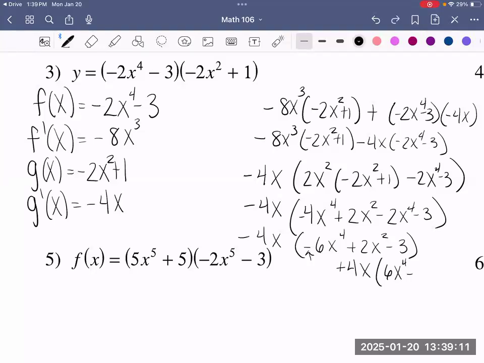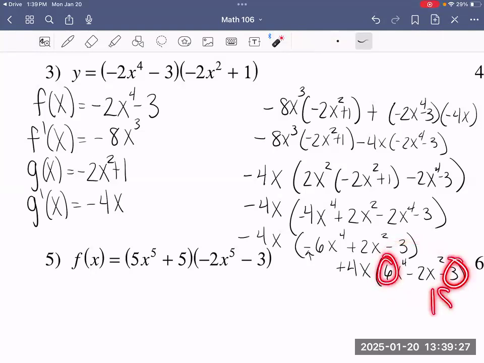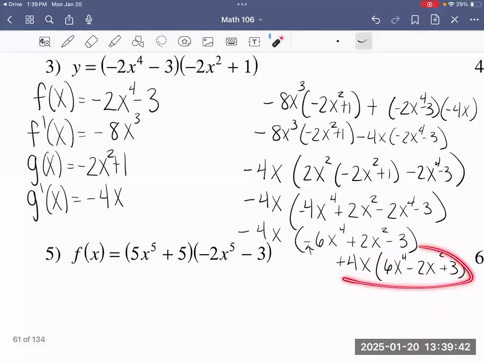Oh, that's a minus. We could see if the inside is factorable. So if we look at 6 times 3, so we're looking at negative 18. Nope, we're looking at positive 18. And the difference between them should be a negative 2. So let's see, we have 2 times 9 and 3 times 6. So no, this one is not factorable. So we'll just leave it as such.